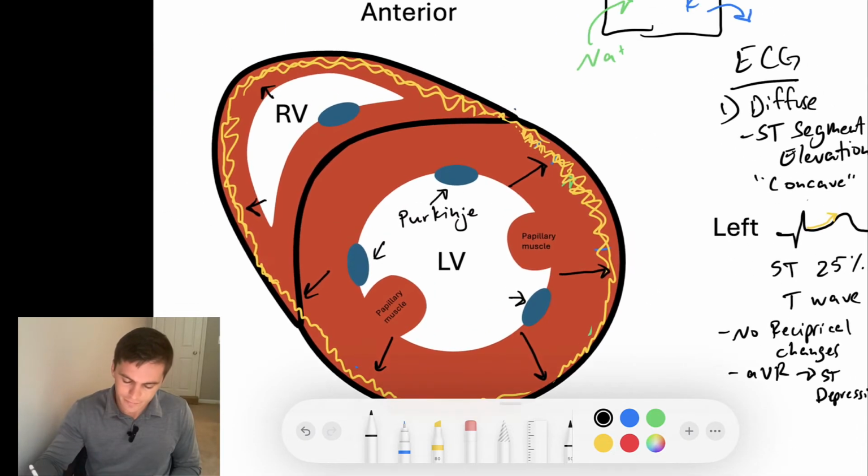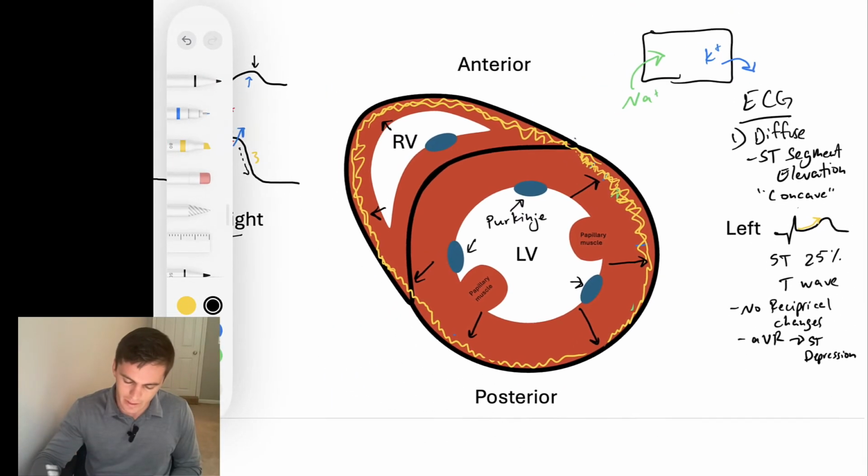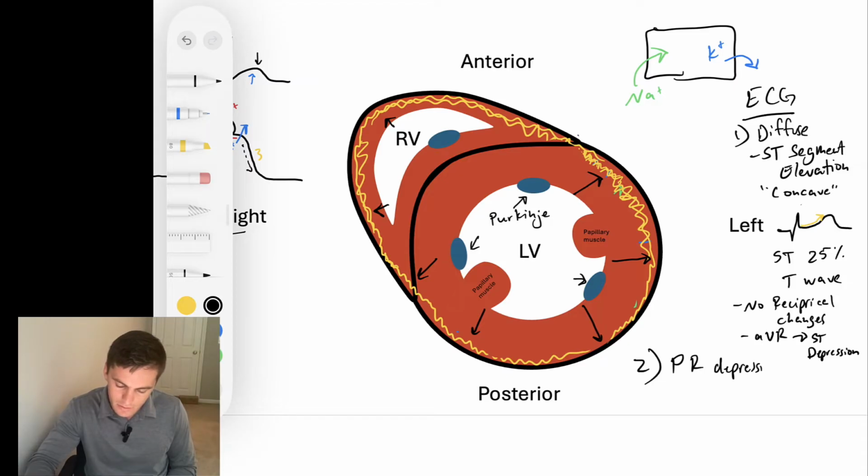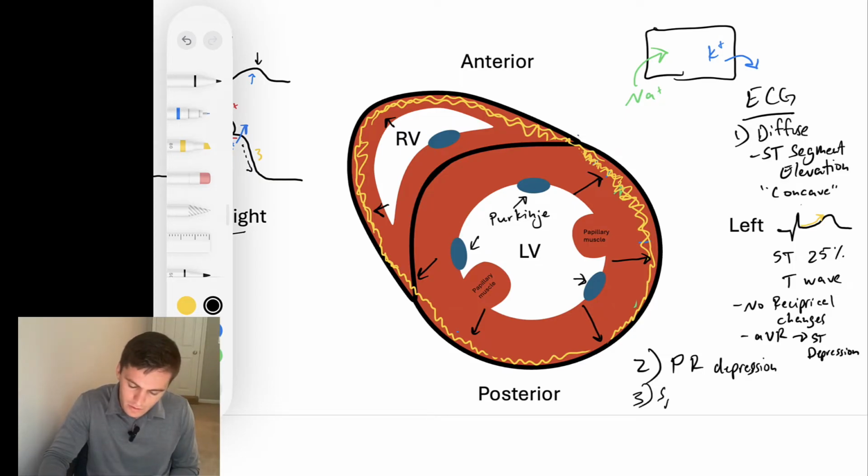You're also going to get some other ECG changes. We'll label this number 2. You're going to see PR depression. So you're going to see ST segment elevation, and you're going to see PR depression. We'll go over what that looks like on the ECG. And then lastly, you're going to see something called the Spodek sign.